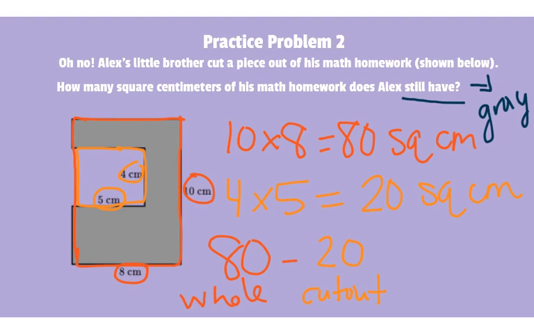And then that would give me, what's 80 minus 20? I can do that super easily in my brain. 80 minus 10 is 70, and 70 minus 10 is 60. 60 square centimeters. And that is the area of the gray section.